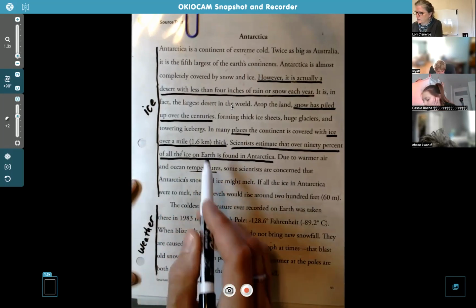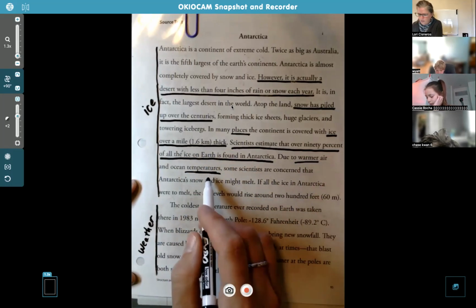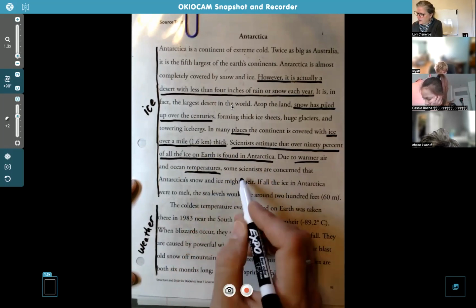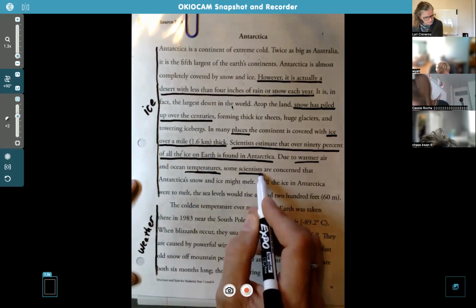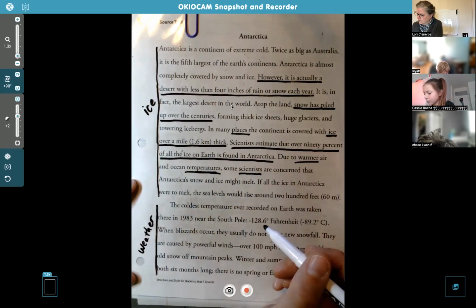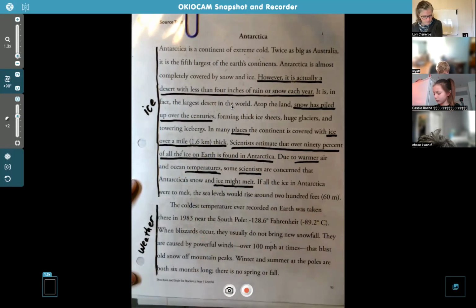I think temperatures is a key word. Warmer, let's do warmer temperatures. And scientists, that's an important word. Ice might melt. Okay.